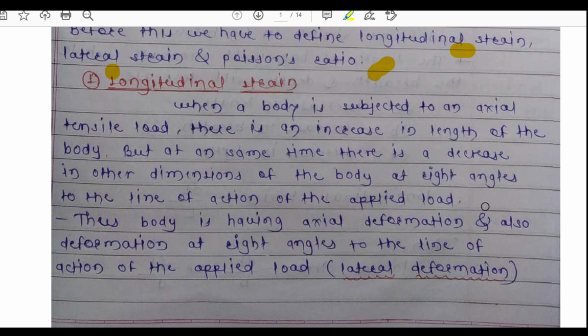तो यहाँ पे क्या होता है कि जब किसी भी बॉडी पे और किसी भी स्ट्रक्चरल मेंबर पे जब एक्सियल टेंसाइल लोड एक्ट होता है तो क्या होगा, टेंसाइल लोड दैट मीन्स द पुल लोड. That load is pulling the material in outward direction. When the material is pulling in outward direction, at the same time the length of that member will increase, but at the same time the width or breadth of that material will be decreasing.